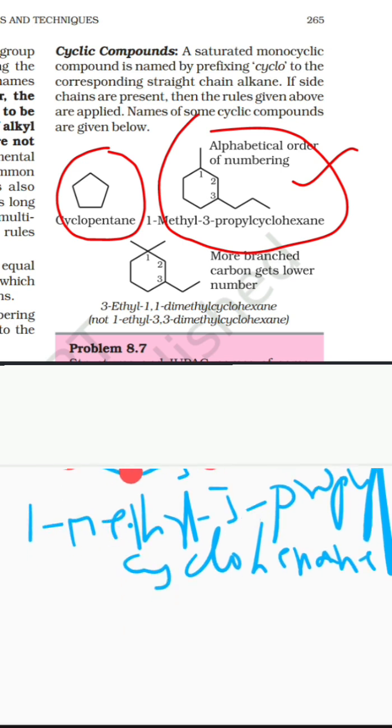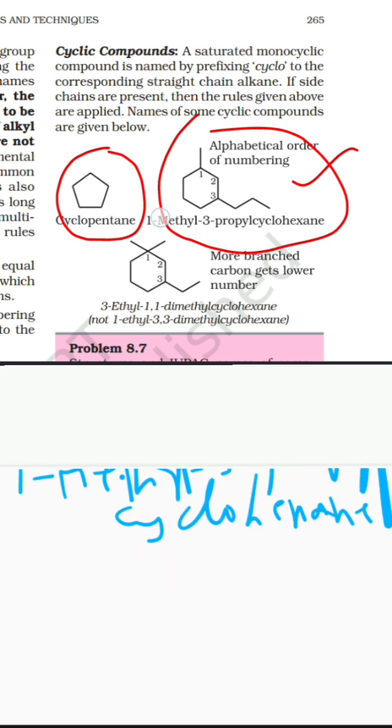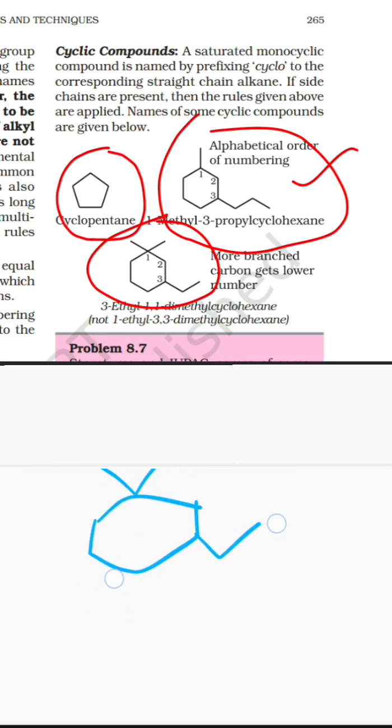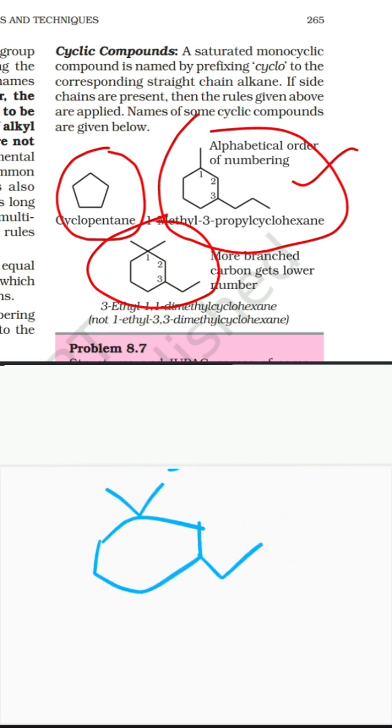And another example is given is this one. So the structure for that one is given like this. 2 methyl groups are there here, and 1 ethyl group is there here. Okay. So in this case, we need to give the numbering to the carbon which is having more substituents. So this is also 1, 2, 3, 4, 5, 6 carbons are there.